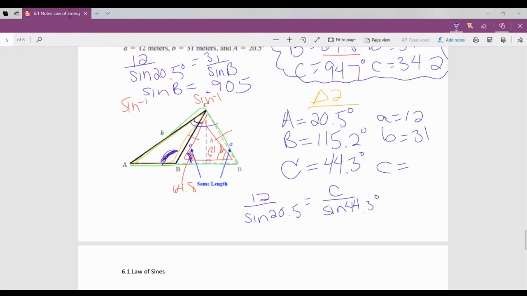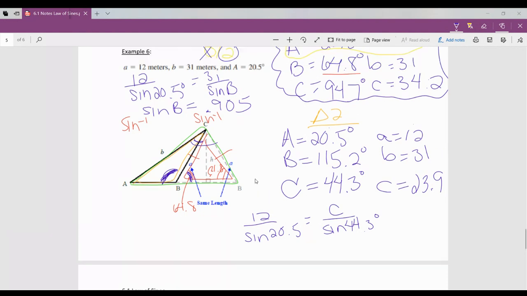All right, we're going to cross multiply 12 times sine of 44.3. And then I divide that by sine of 20.5, and I get my final unknown value, which is C, which is 23.9. Okay, and that is kind of how we go about finding that.